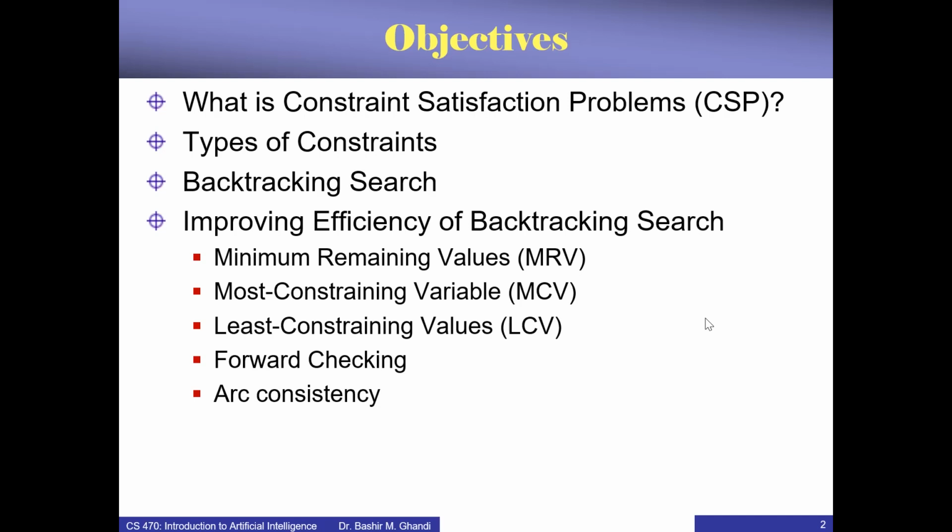These are all different heuristics that help to improve the efficiency of the ordinary backtracking search. So let's start with the explanation of what these types of problems are. What are constraint satisfaction problems?